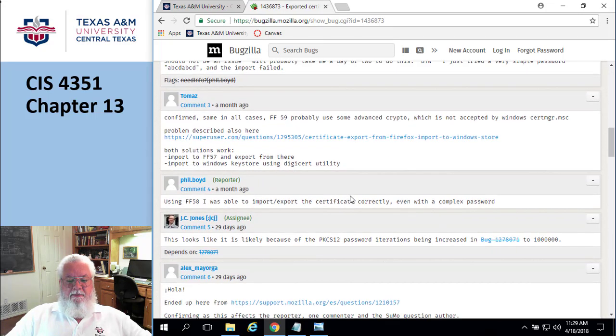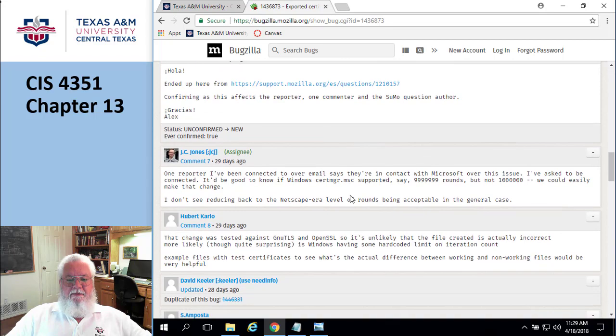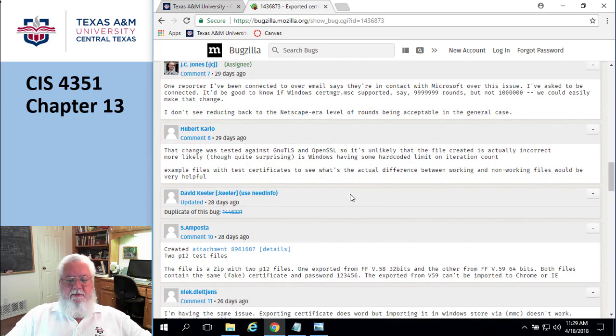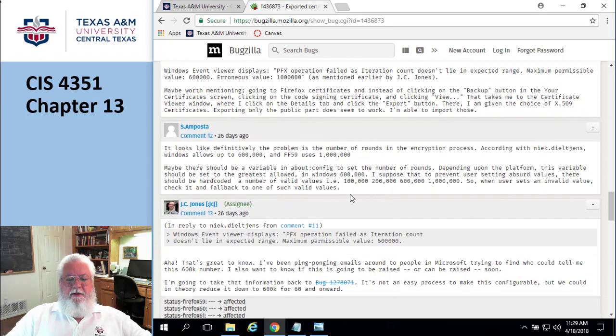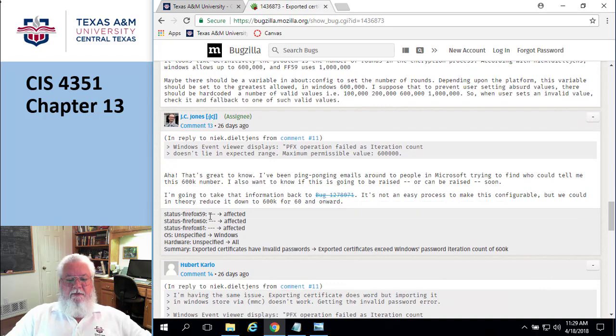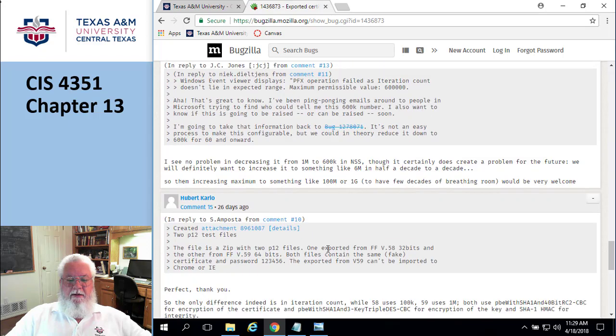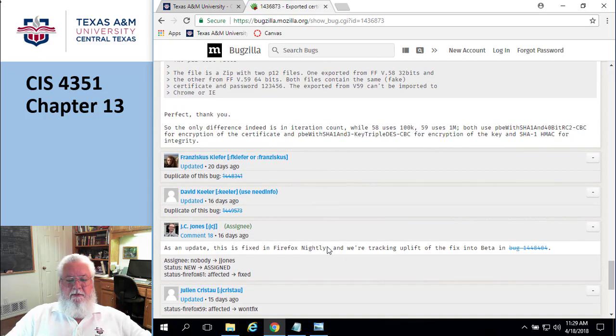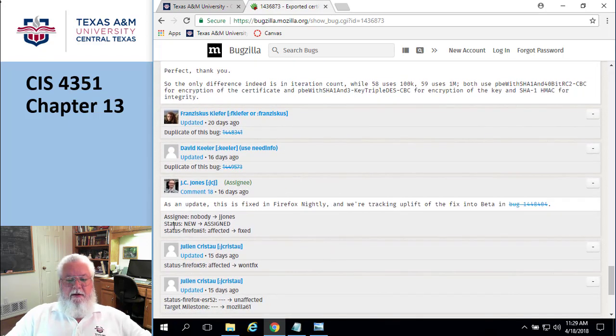Let me find the section where it actually says that we're not going to fix it. Here we go. Status affected. Oh, doggone it. I need to find that section. Here we go. Status Firefox 59 affected, won't fix.